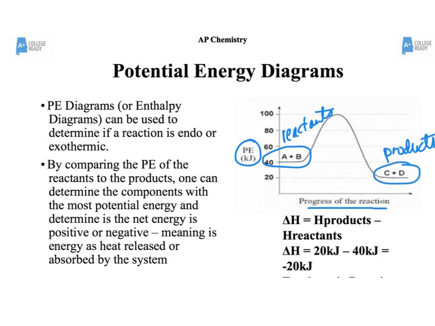And so we can look at the difference between the products and the reactants. The products have a potential energy of 20 kilojoules. The reactants have a potential energy of 40 kilojoules. And 20 minus 40 kilojoules gives us negative 20 kilojoules, which tells us that this reaction is exothermic because the delta H is negative.